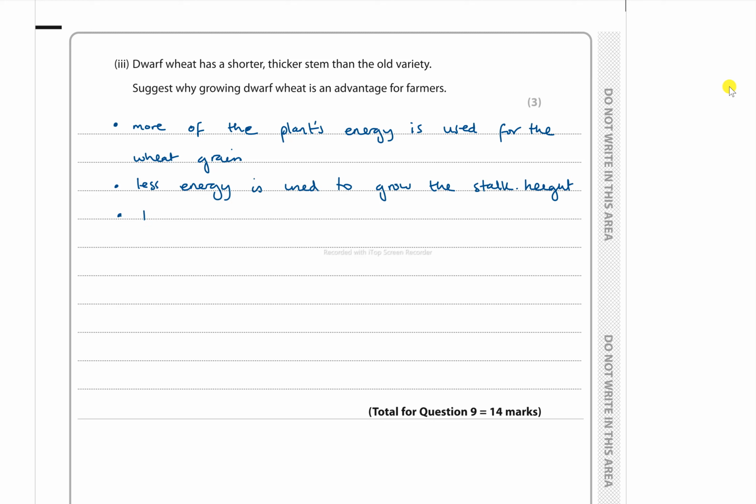Right. The thicker stem means... what does the thicker stem mean?